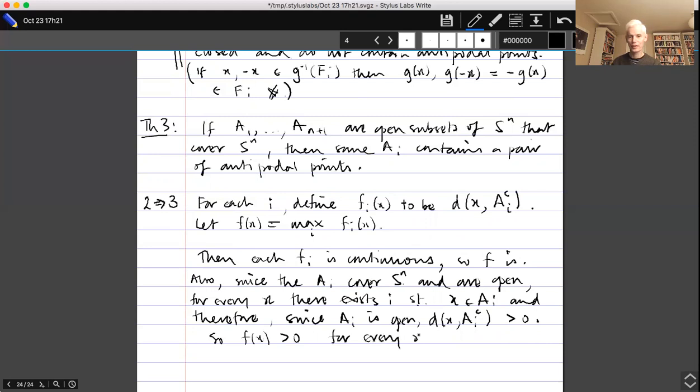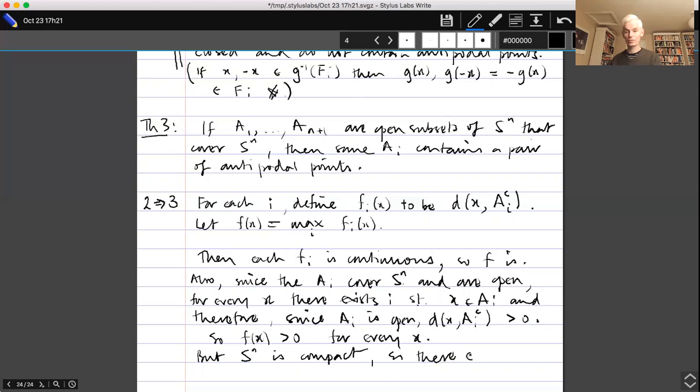But Sn is compact and f is continuous. So f attains its minimum, but it cannot attain 0, so its minimum must be greater than 0. Familiar argument.